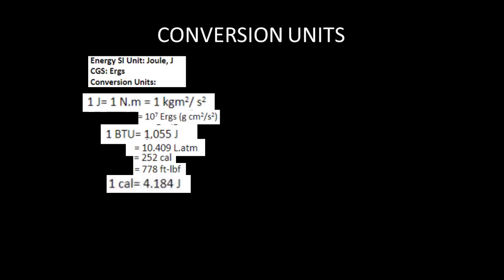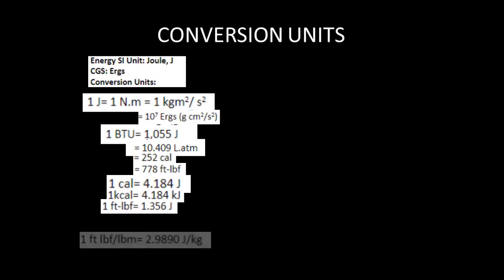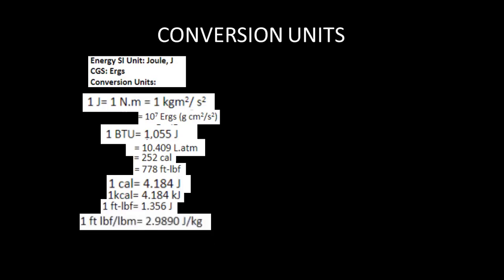A calorie is equal to 4.184 joules, and a kilocalorie is equal to 4.184 kilojoules or 4,184 joules, and a foot pound force is equal to 1.356 joules. A foot pound force per pound mass is equal to 2.9890 joules per kilogram.